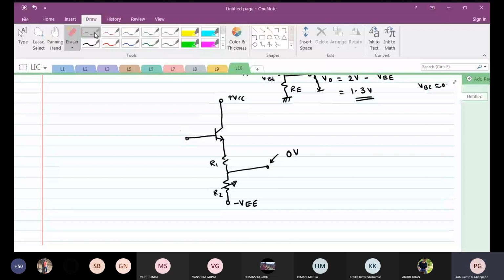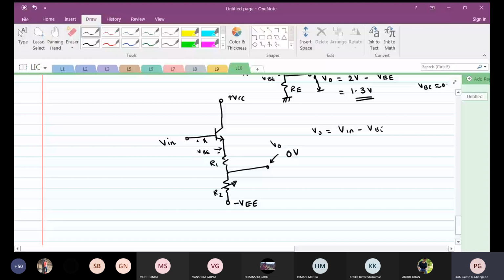Take a look here. This is your V in. This is where I am supposed to get the output. This is your VBE. Now the output over here, that is VO, will be V in minus VBE minus the voltage drop across this R1.